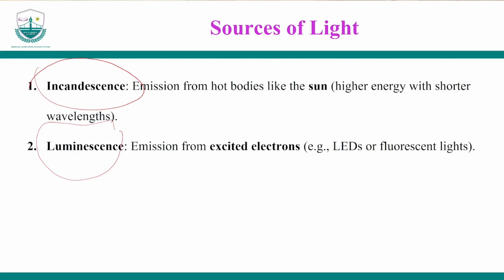That's what we have in LED lights, and that's what we have in fluorescent lights. That is luminescence. Okay, light coming because of the excited electrons, and then light that is coming from hot objects like the sun are the ones we call the incandescence.